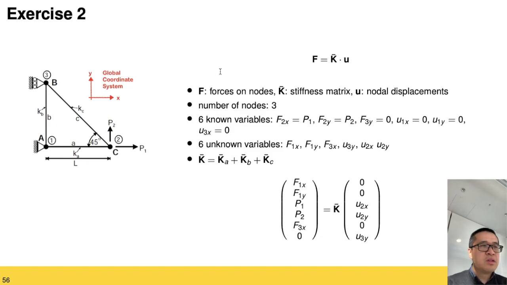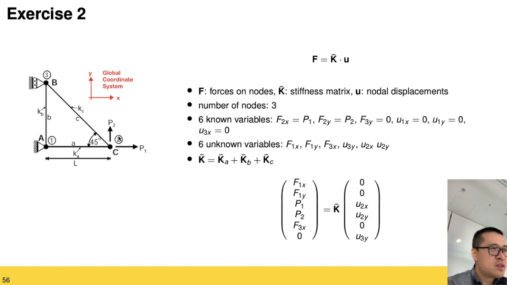So among all those variables, what do we know? We know the forces on C. Be a little bit careful because in this diagram we have A, B, and C, but the order of the nodes goes by this circular number.